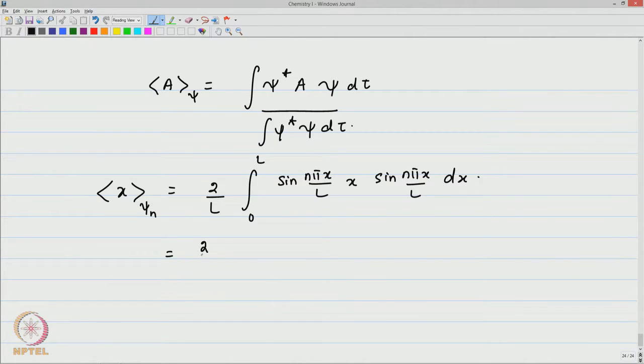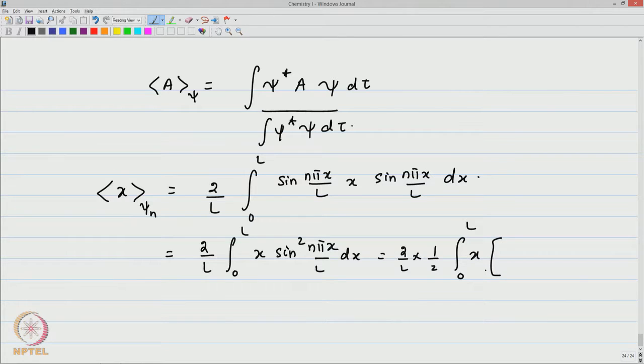Therefore, what you have is 2 by L integral 0 to L x sin squared n pi x by L dx, and that would be 2 by L times 1 by 2 integral 0 to L. You write the sin squared in terms of the double angle formula, 1 minus cos 2 n pi x by L, dx.